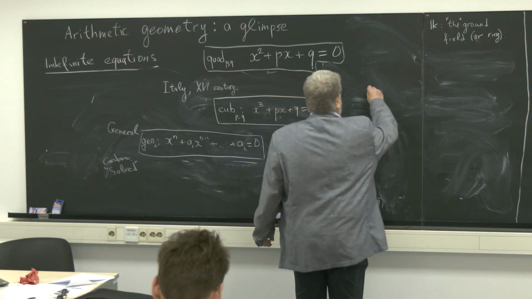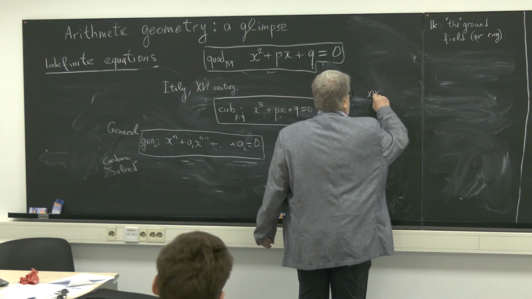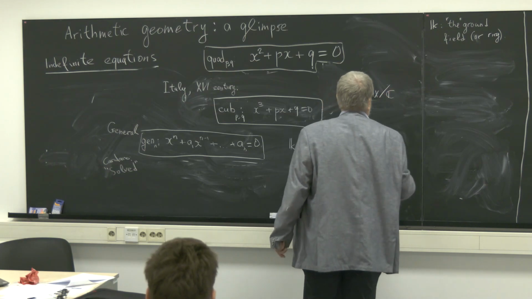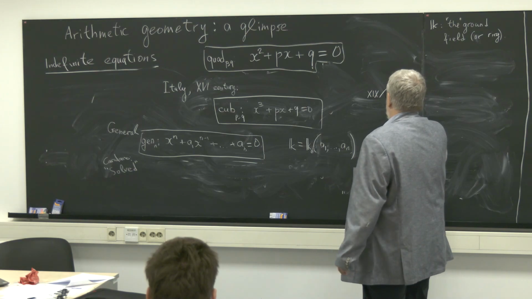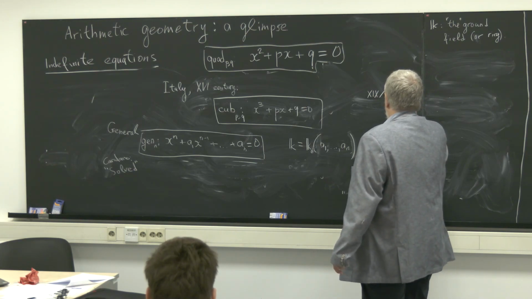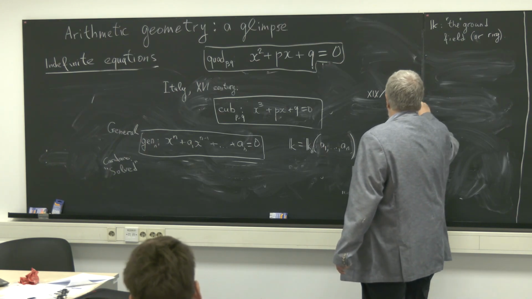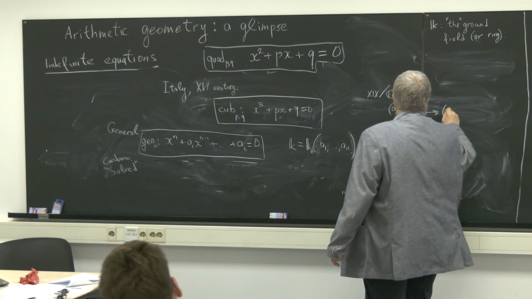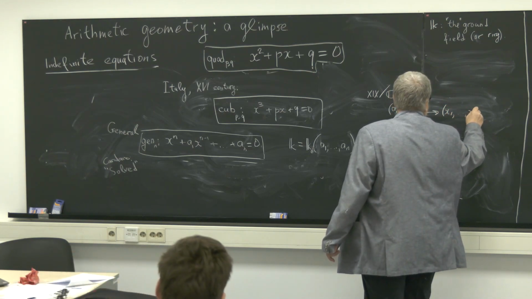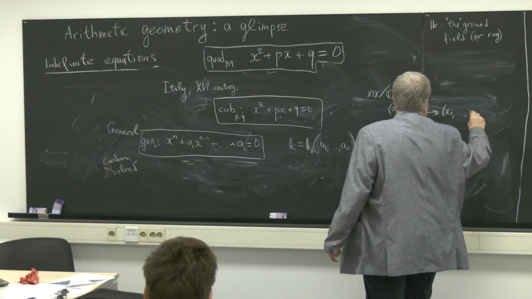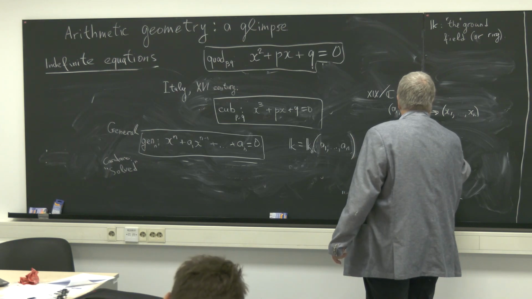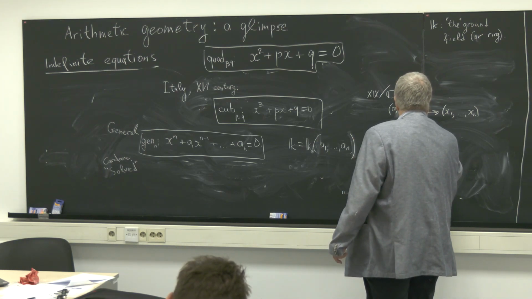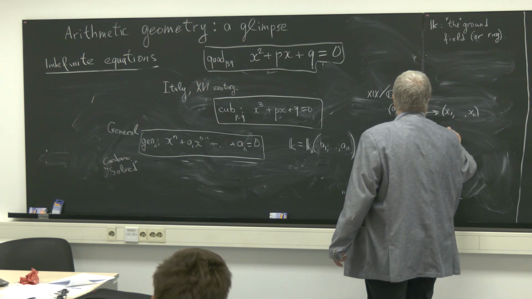In fact, what people knew in the 19th century is that the mapping, there are n solutions, and the mapping from n to n solutions is, so to say, 1 to n.